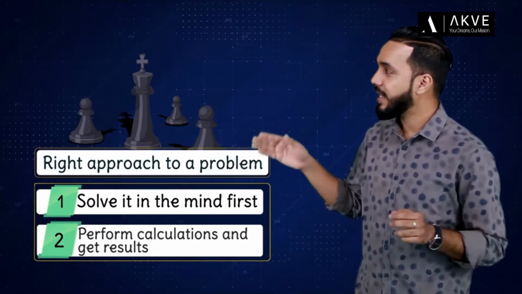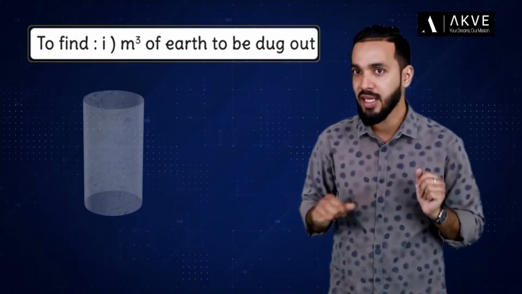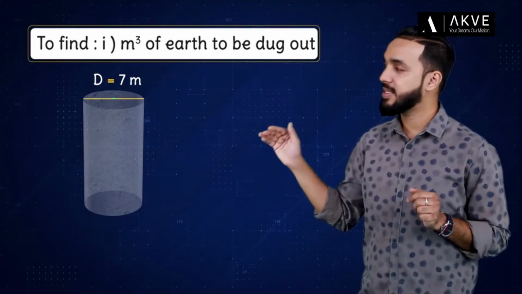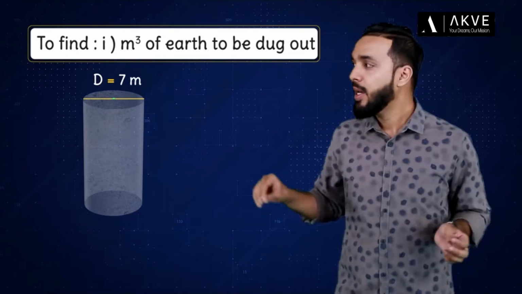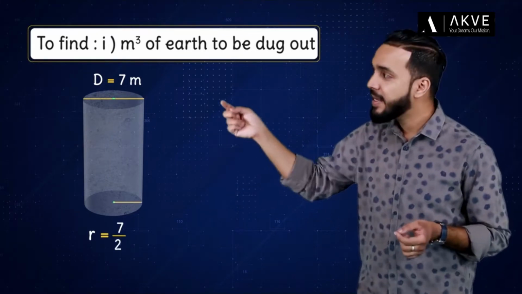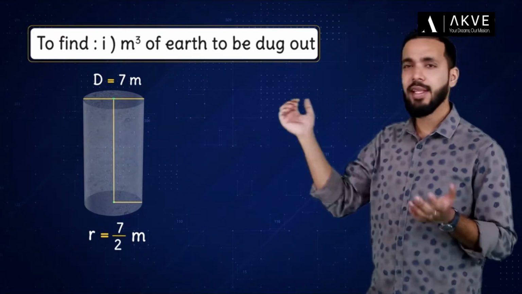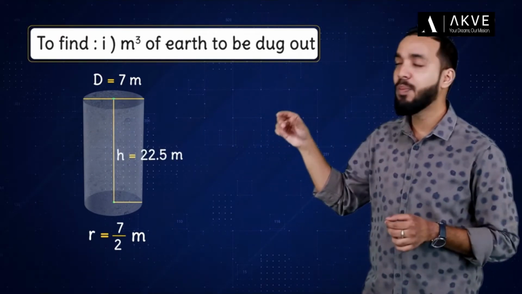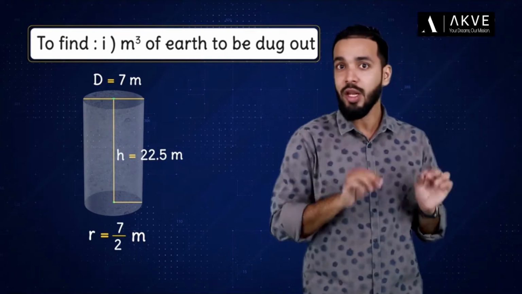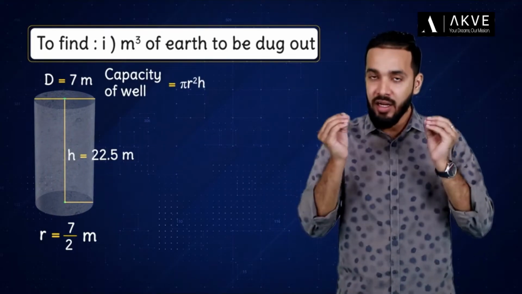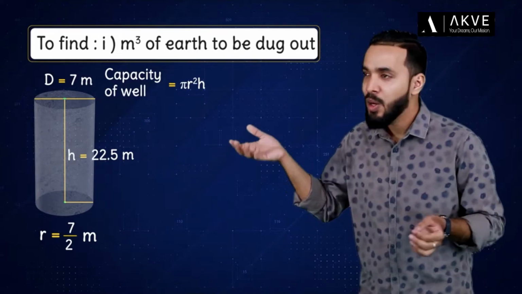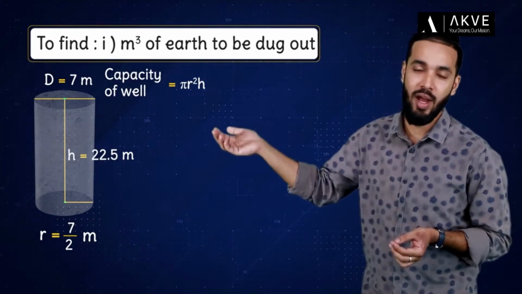So now, let's get the numbers. We can see that the diameter of the well is given as 7 meters, so its radius would just be 7 by 2 meters. And its depth or height, so to say, is 22.5 meters. Now we know that the capacity of a cylinder or a cylindrical well would just be pi r squared h.